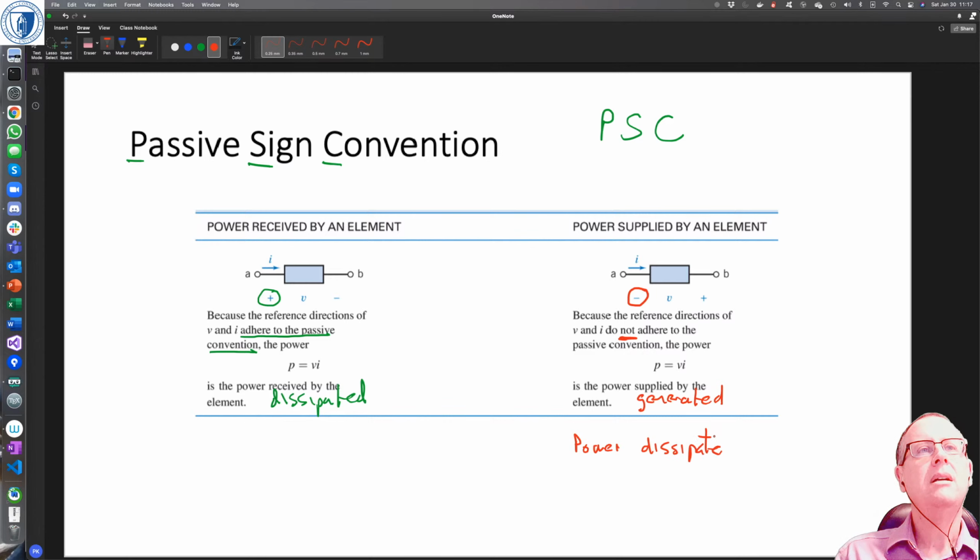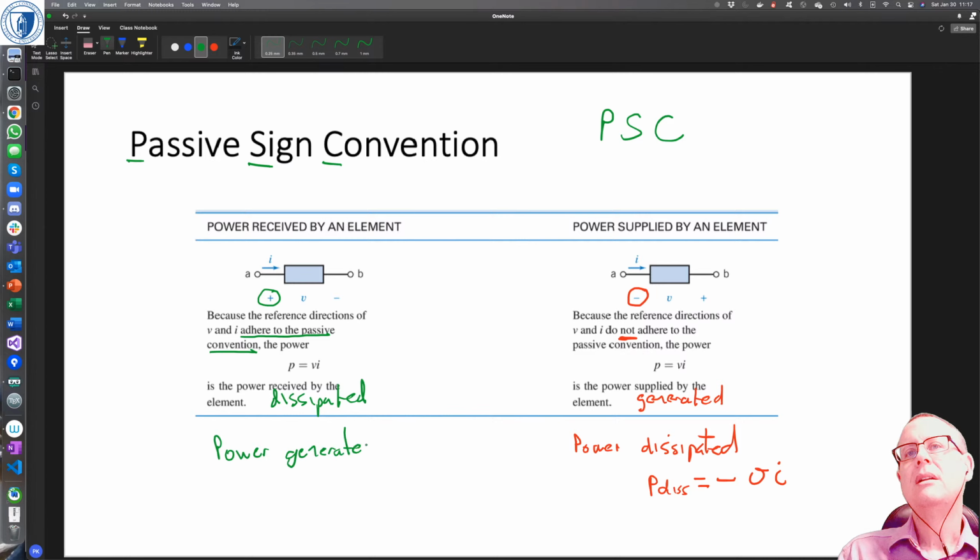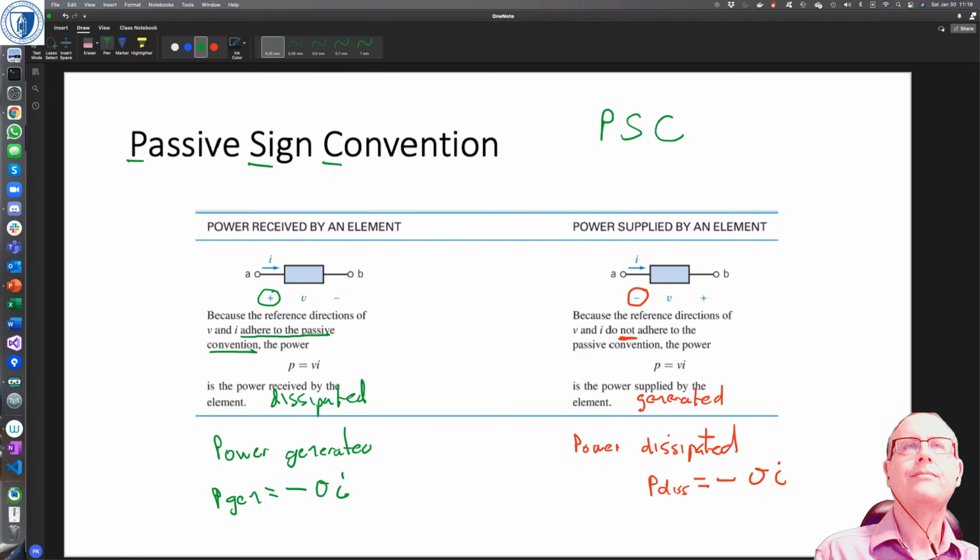And on this side, the power generated under this convention is the negative of VI. Okay?